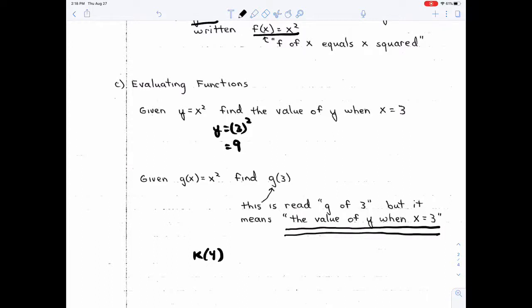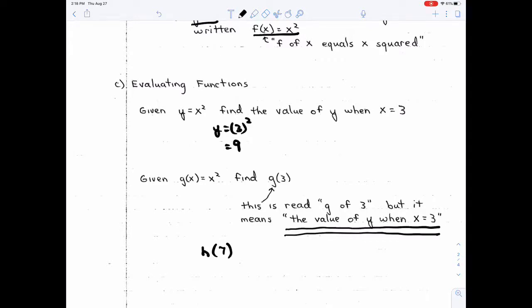Sorry, I might have made a mistake in what I said before. This one would be the value of y when x is 4, and the h of 7, I apologize, this is the value of y when x is 7. This would be the value of y.